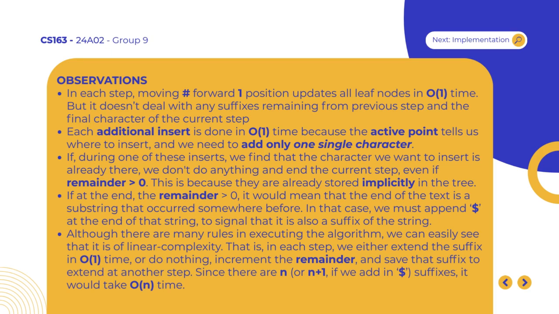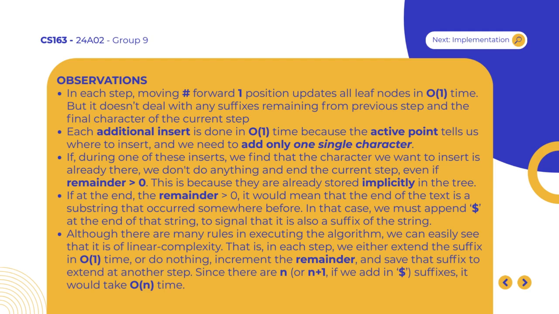If during insertion we find that the character that we want to insert is already stored in the tree, we don't do anything, because it is stored implicitly. That is why it's called an implicit suffix tree, because it's already there, so we don't need to do anything about it. We just leave it there, and we will move on and add.